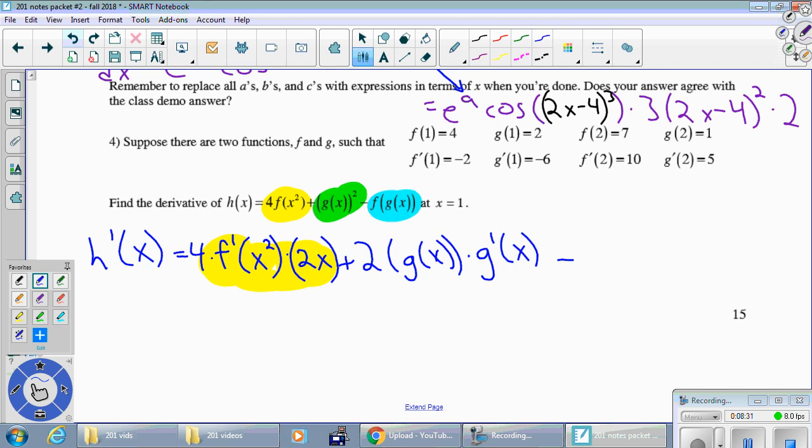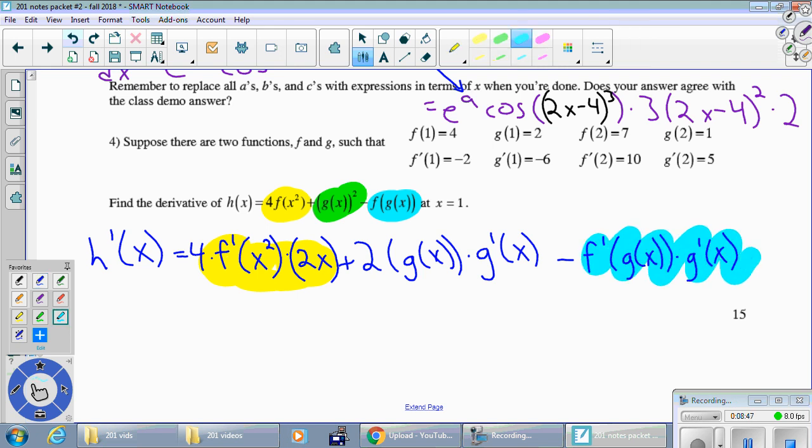So this one, you can again think about like outers and inners, right? It's the derivative of the outer evaluated at the inner times the derivative of the inner. But I will also point out that this thing that I just wrote down is exactly the mixed notation version of the derivative that you can check out in the demo.